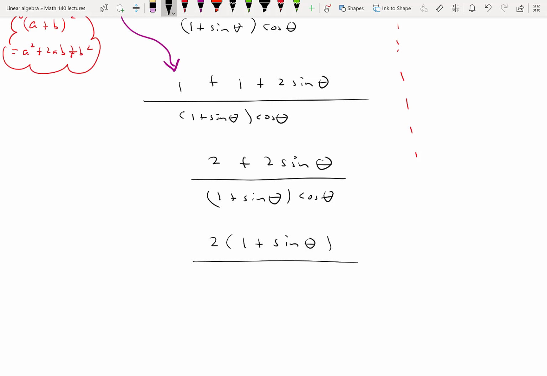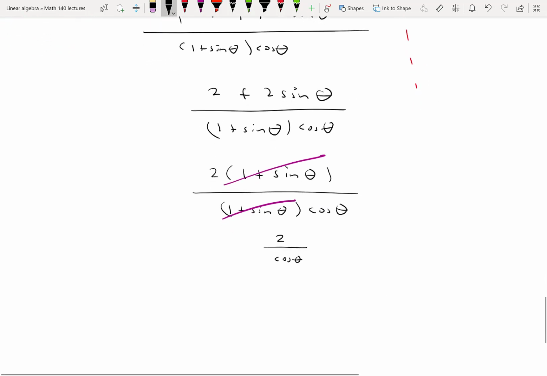Factor it out. Can you see what's happening now? Can you see that we're going to get 2 secant of theta out of this? 1 plus sine of theta cancels as a factor. We're left with 2 over cosine of theta, and 1 over cosine is secant. So 2 over cosine is 2 secant of theta, and it's over.